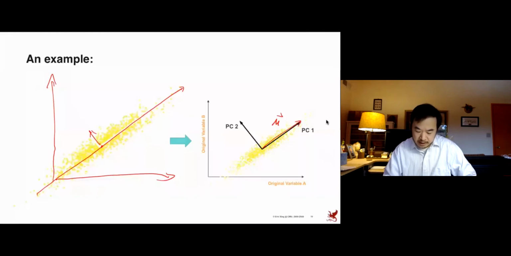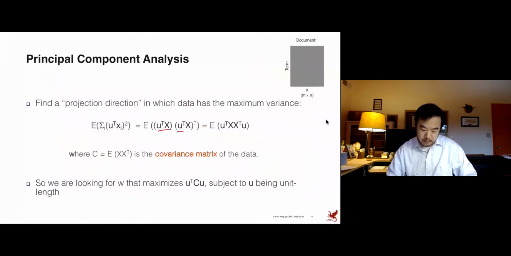We make this an unknown variable. It could be pointing up here, but whatever it is pointing to, we can always compute the projection of any data point onto this direction, which is computed by this, right? So we're going to just compute that projection.